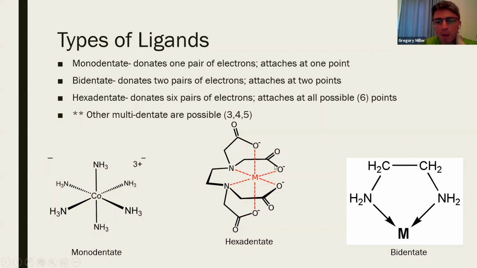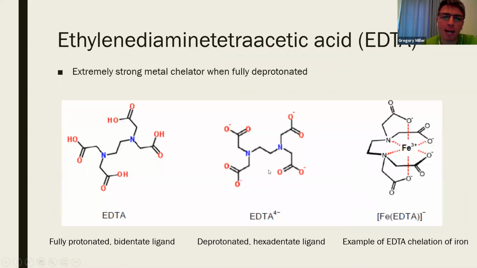And so we have this big, large molecule attaching at 6 points, meaning it donates 6 pairs of electrons, or 12 electrons total. And the hexadentate ligand is actually what we're going to be looking at today. The specific ligand we're looking at is called EDTA, or ethylene diamine tetraacetic acid.